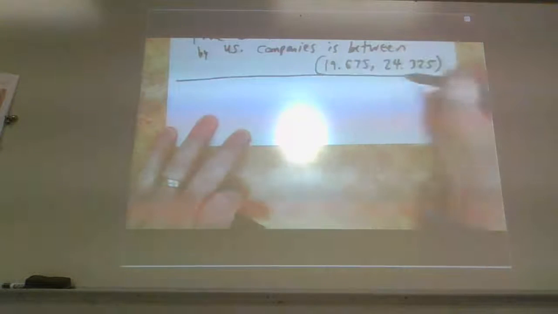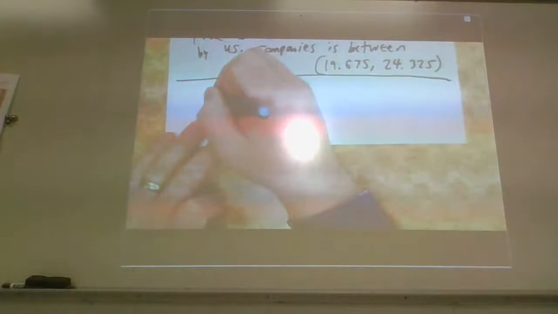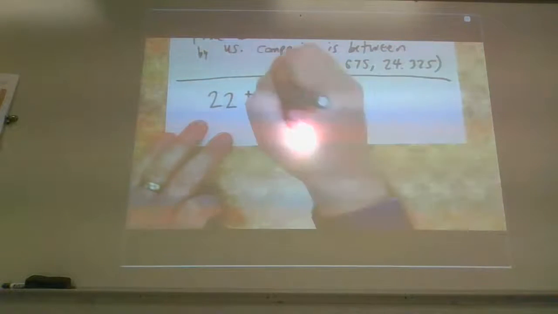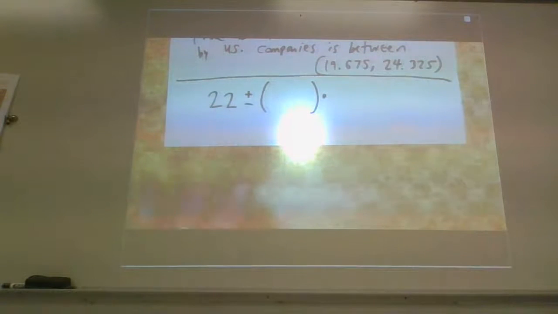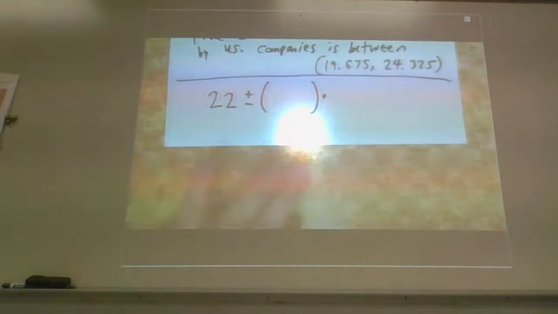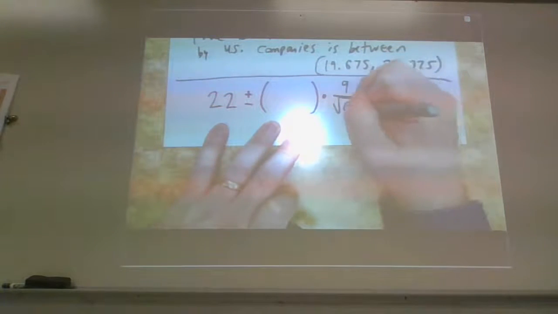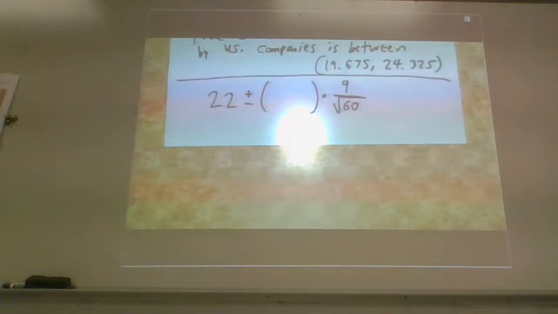The way that this formula is set up is it is supposed to be 22 plus or minus some kind of a t star, which I don't know what it is at the moment, times 9 over the square root of 60. I need to figure out what that t star is.